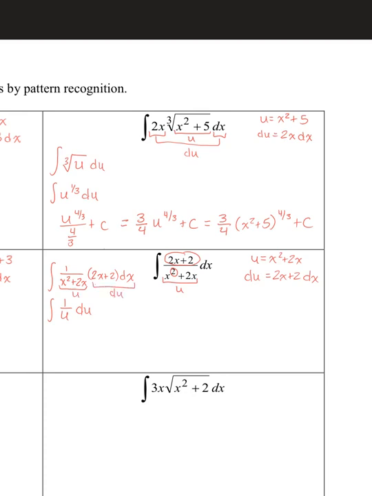Now we have this 1 over u, and we integrate that. Well, that should be a natural log, absolute value of u plus c. Change it back into terms of x. And that is your integral.